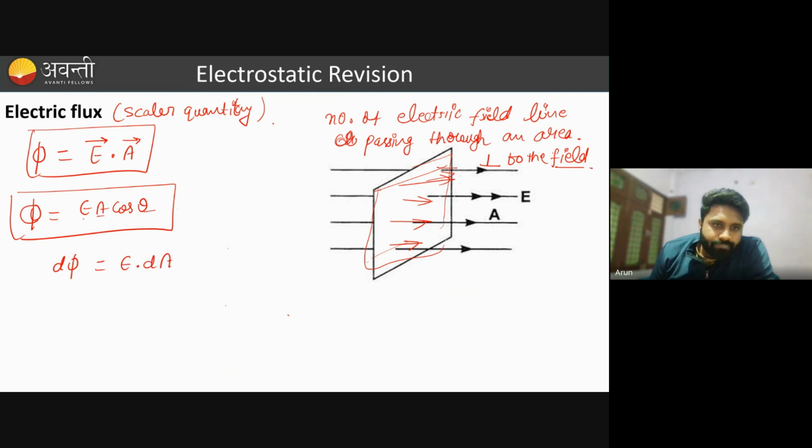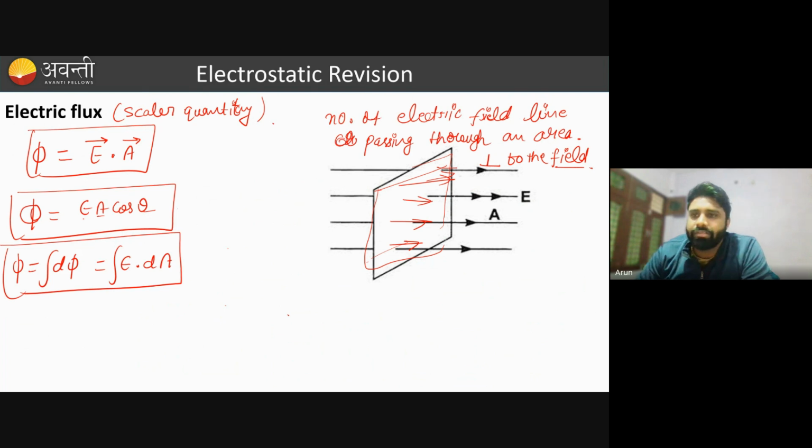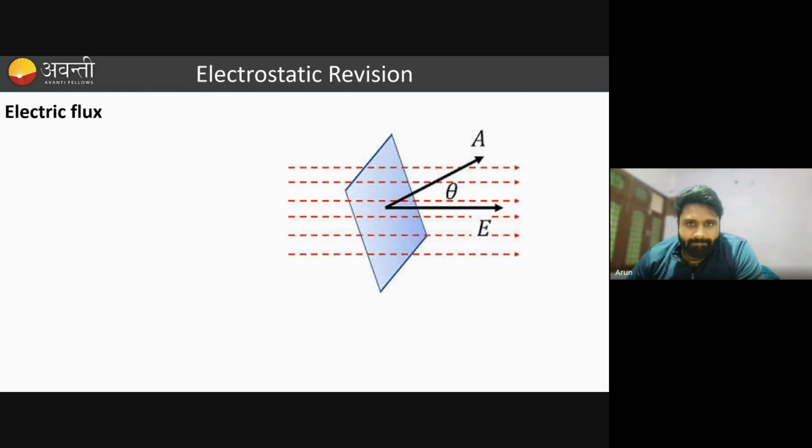Then you integrate it so that you get the complete value of flux passing through that particular area. Now see, this is the area vector, and the angle between them is theta. So you have to consider that particular component which is alongside the electric field.